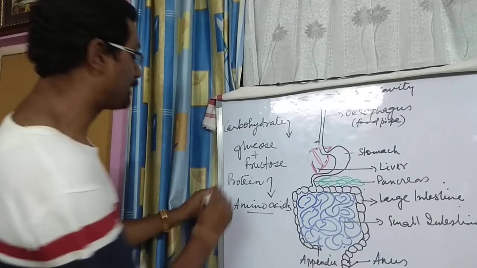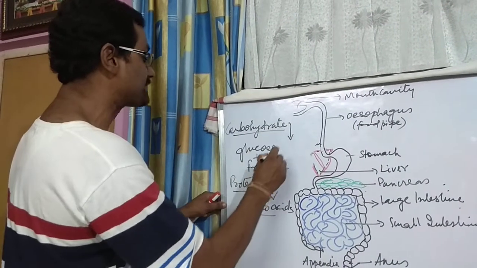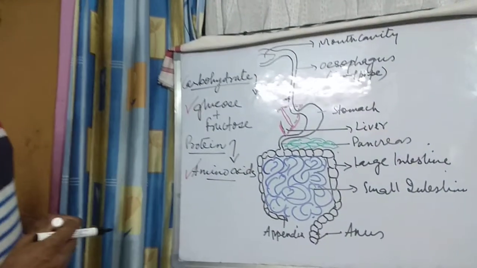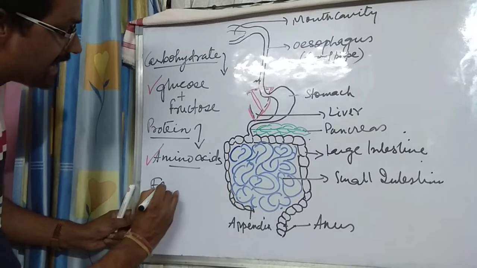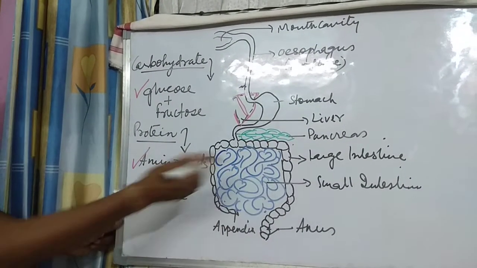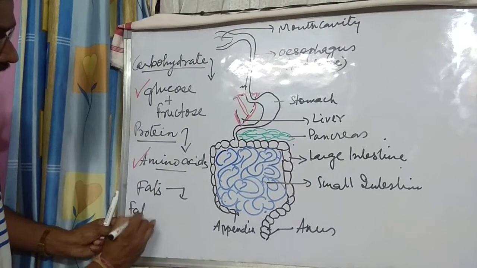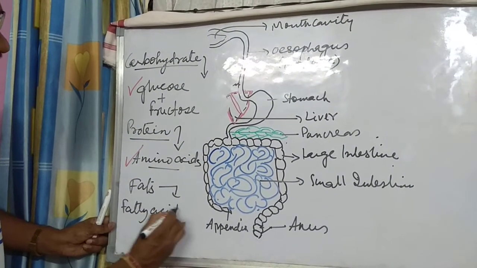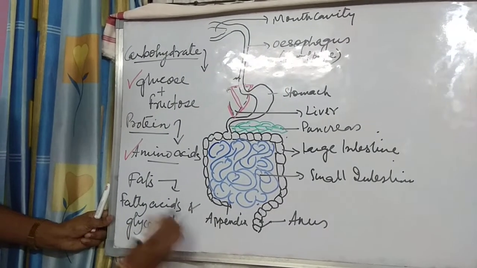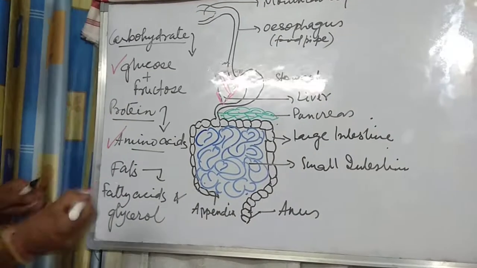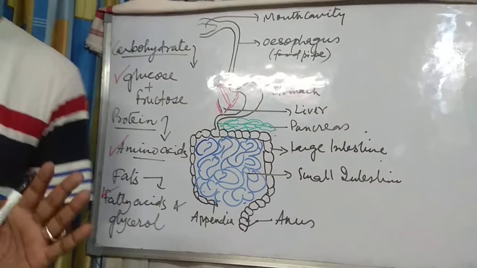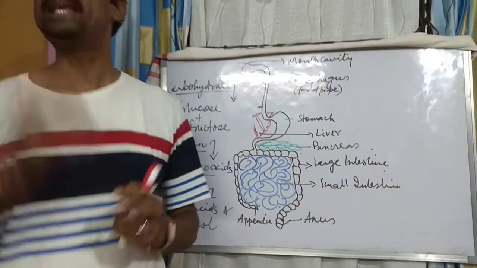Another important thing, protein is complex, carbohydrate is complex. These are simple. Another thing was there. What was there? Fats. Under the action of intestinal juice, ultimately fats get converted to fatty acids and glycerol. Fat is complex. Fatty acid and glycerol are simple. So what you are finding here, simplification of food has taken place.